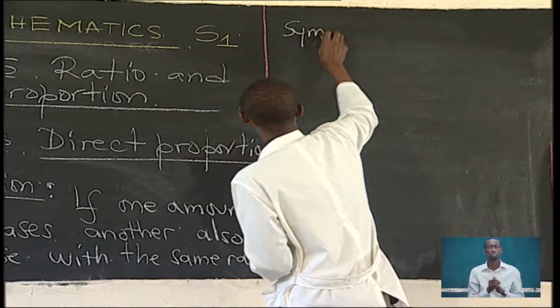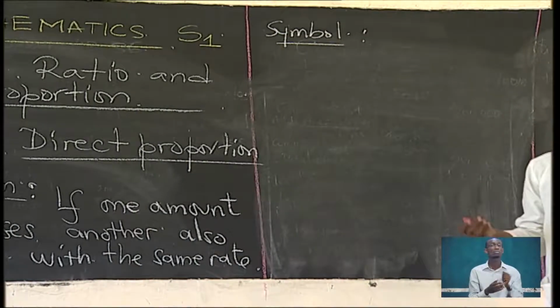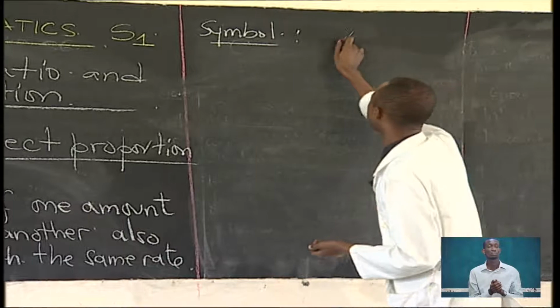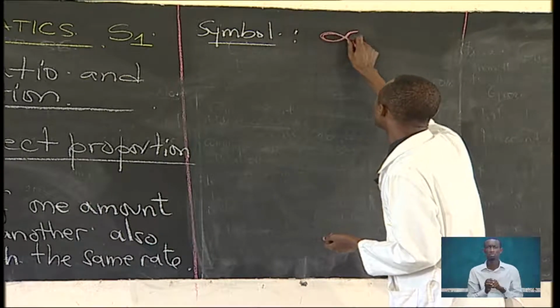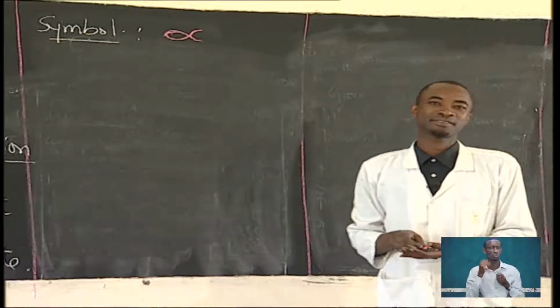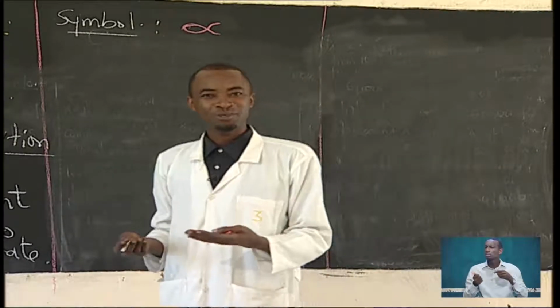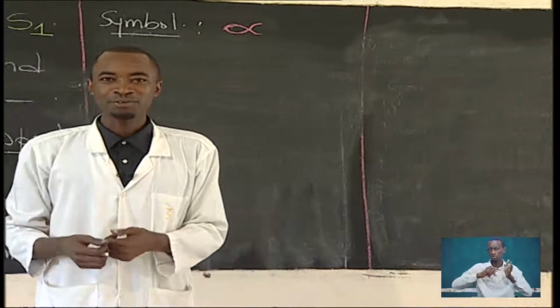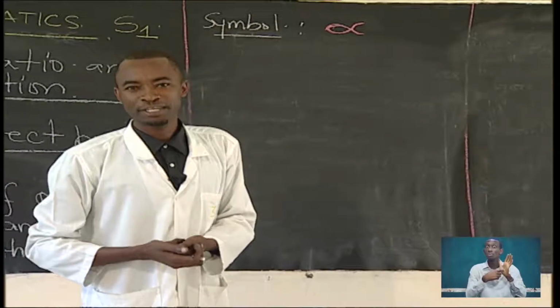We symbolize proportionality with this symbol. But I don't want you to confuse this with the symbol of infinity, because many students sometimes confuse the symbol of proportionality with the symbol of infinity.